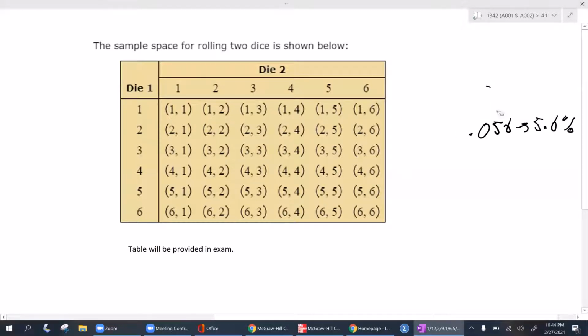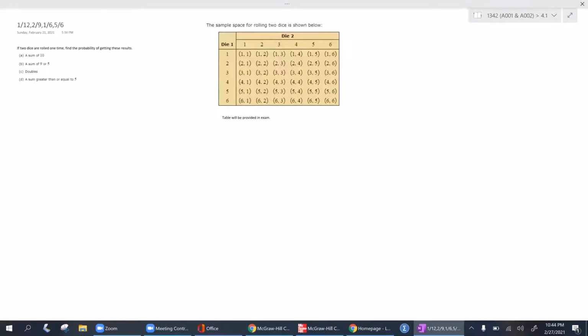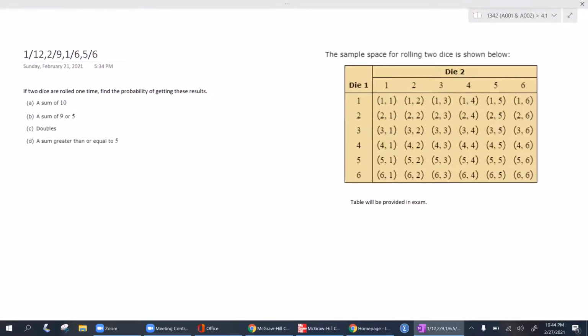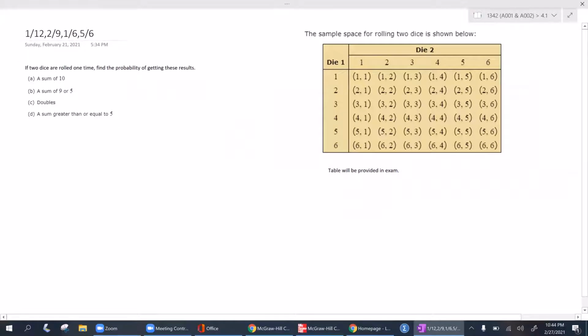All right, let's continue with the examples that I had given us here on the board. Now that we did some pre-examples, we did the probability of the sum being a 10. Let's find out the next one. I have here, find the probability of getting a sum of 9 or a sum of 5.